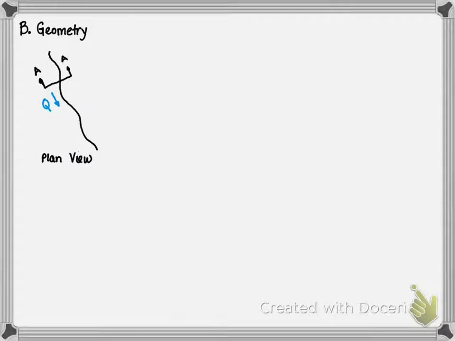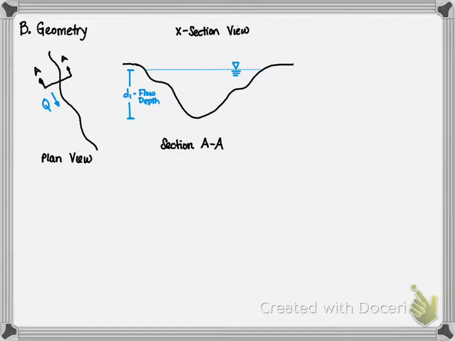Unlike a closed conduit, an open channel is a function of the topography. If you have a plan view of a river, you can cut a cross-section of that river, as shown, A-A. The cross-section view within the channel looks like the section view shown. Our section is section A-A.